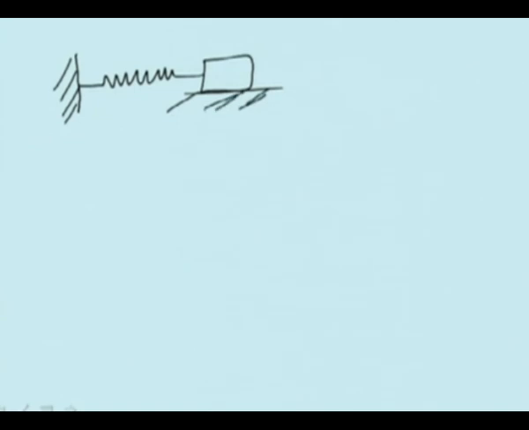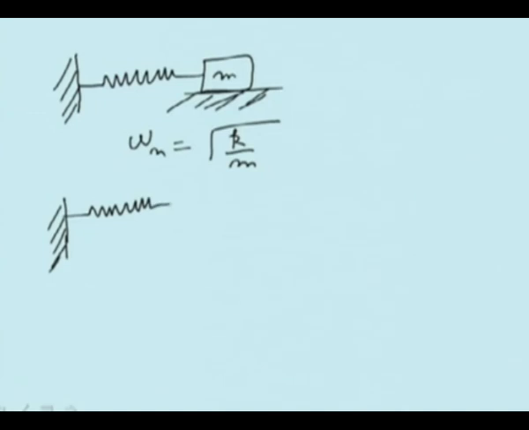What you have learned here is omega n is equal to under root k by m, right? What happens if we put two springs here? What type of equations will you get? This is m.